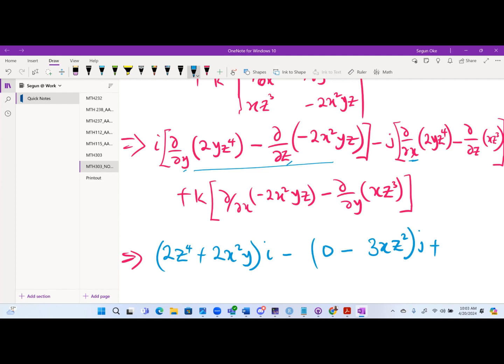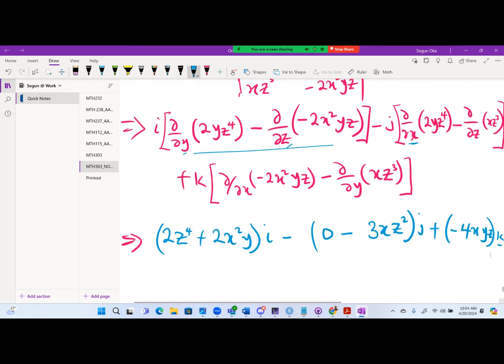Plus k. Differentiate this with respect to x, we have negative 4xyz. Differentiate with respect to y is 0, so we don't have any other thing there.